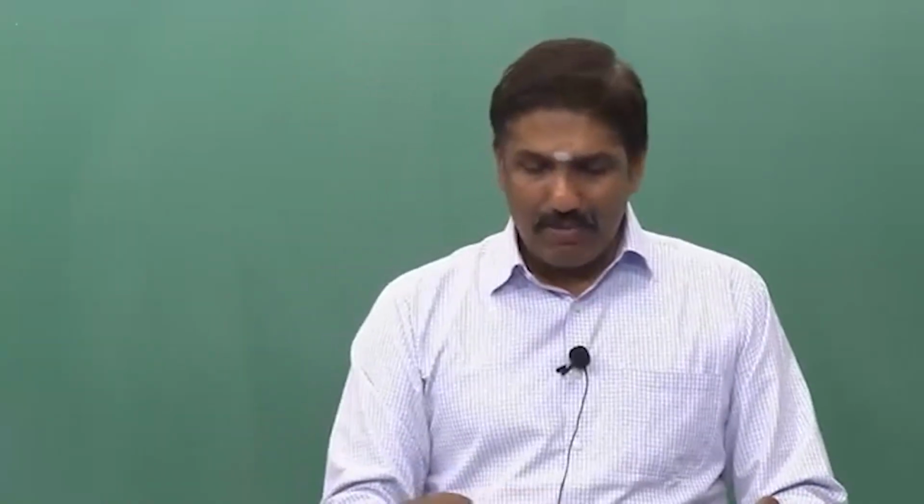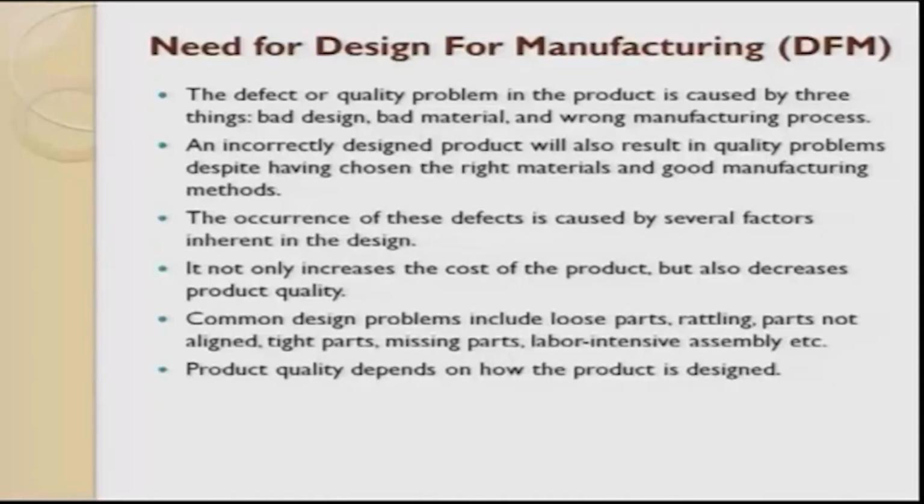So, the common design problems include loosening parts, which I told you with the cycle example, rattling, the vibration cost. Today we talk about smooth running cars, then parts not aligned properly, tightened parts, missing parts, labor intensive assembly, etc. Labor intensive assembly is also a major problem. Today we say that assembly is now a part of manufacturing.